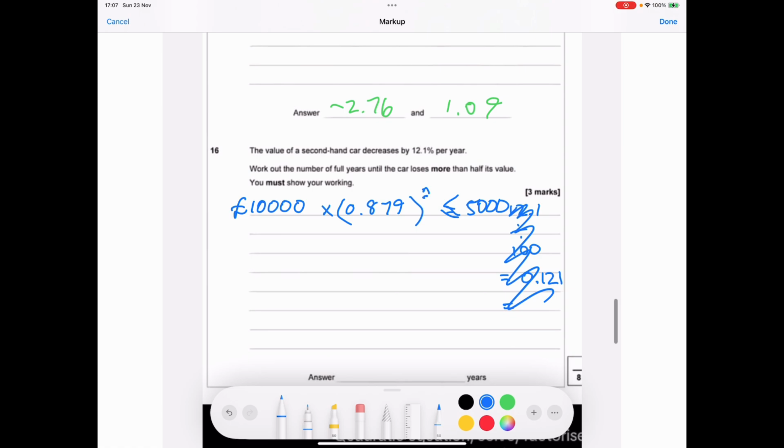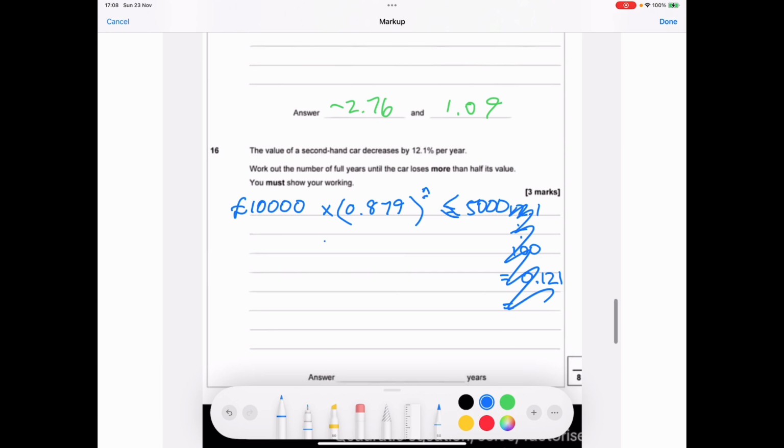So what we're going to do is set it up. 10,000 times 0.879 to the power, we'll put it in and go answer, 10,000 times 0.879 equals, and then times 0.879, that's 2, times 0.879, that's 3, times 0.879, that's 4, times 0.879, that's 5, times 0.879, that's 6.